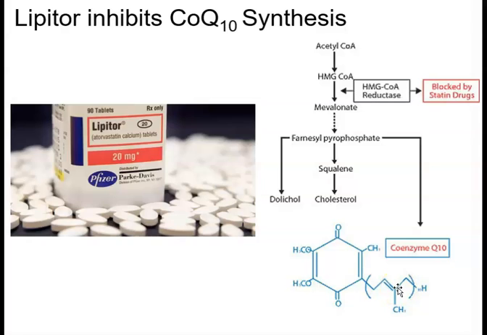If the ATP production isn't happening sufficiently from your mitochondria because you're blocking the synthesis of coenzyme Q10, you might have those problems. So CoQ10 isn't necessarily a vitamin. We can make this ourselves, but sometimes people get low on those, and it's recommended if you're taking Lipitor to also consider getting supplements for CoQ10 to help when you're on those statin drugs to get enough of this for your muscle production.